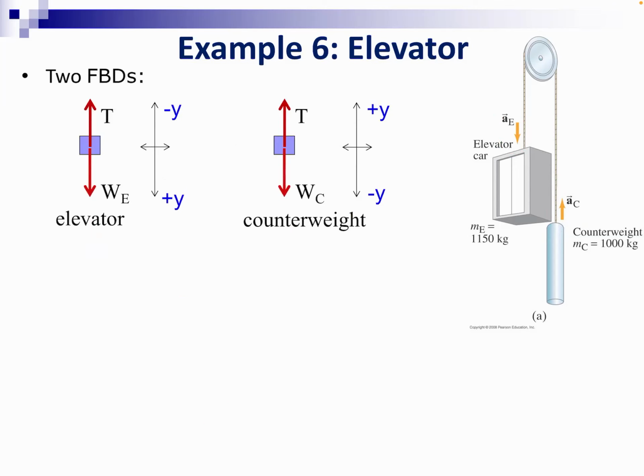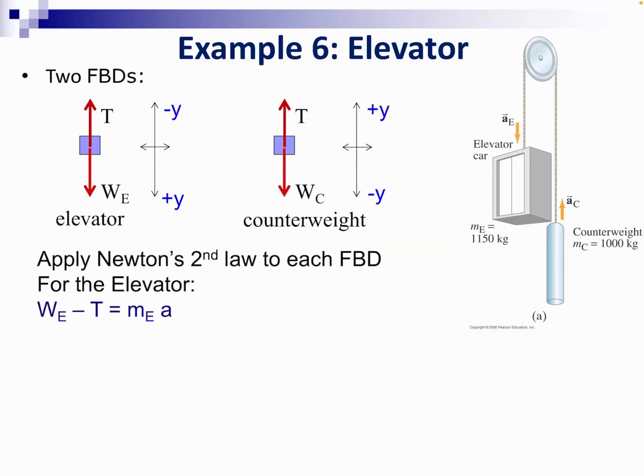Right, so just rewriting here our free body diagrams with our axes. We then apply Newton's second law of motion. Net force is equal to mass times acceleration. For the elevator, we have a positive weight force, because we assigned downwards to be positive, but a negative tension.